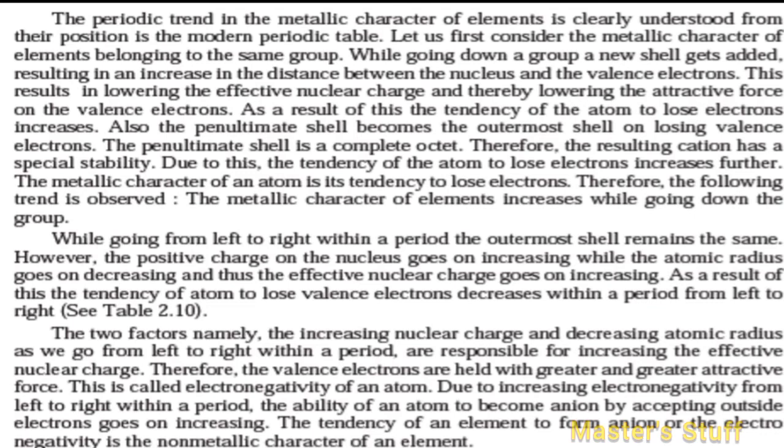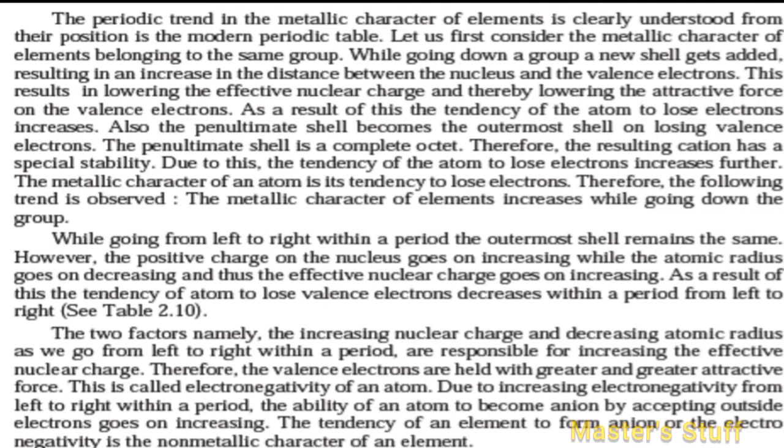While the metallic character goes on decreasing from left to right across the period, as the electron gets added in the same outermost shell, which results in the increase of the effective nuclear charge on the outermost shell. Thus, the electropositivity goes on increasing down the group and goes on decreasing from left to right in the periodic table.